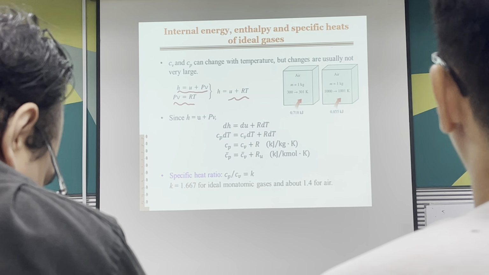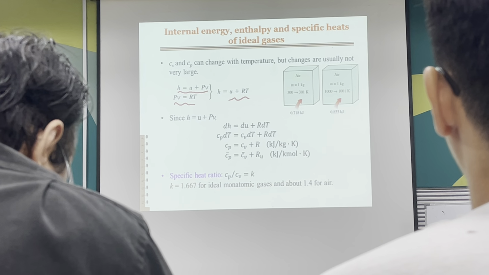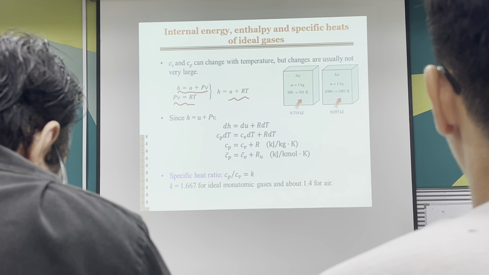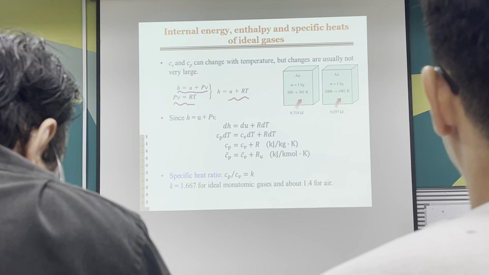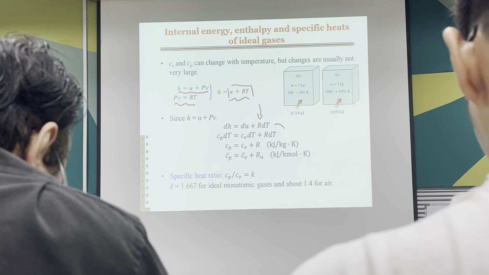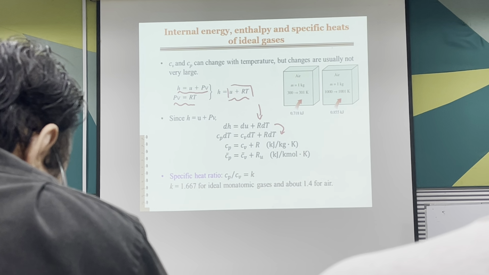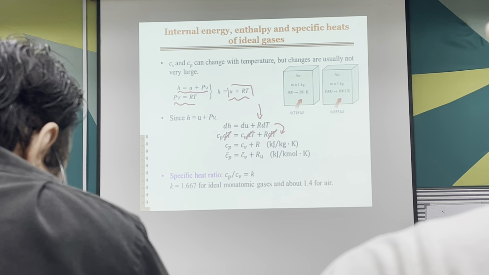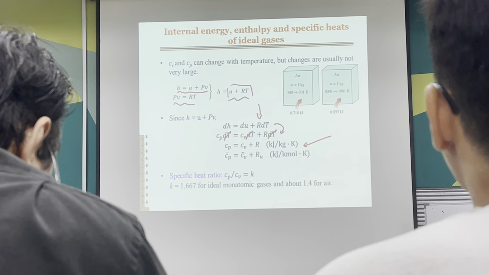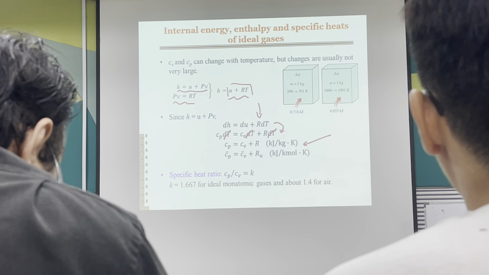We have a derivation here that shows that since H equals U plus PV, we replace it with this relation that we say here, and then we change delta H and delta U into Cp delta T and Cv delta T. So from here, delta T can cancel off, and we get Cp equals Cv plus R. Sometimes you will get this relation in terms of mole, but it is not too important for your syllabus this semester.